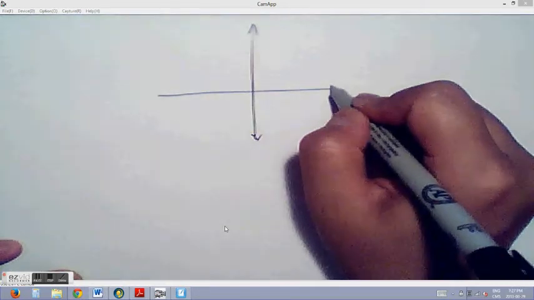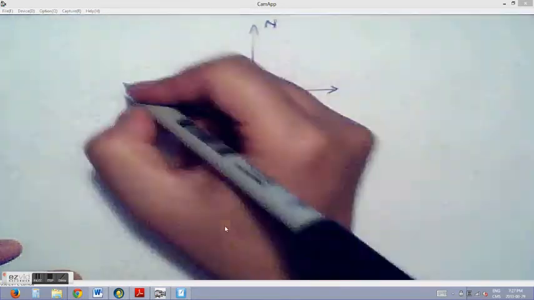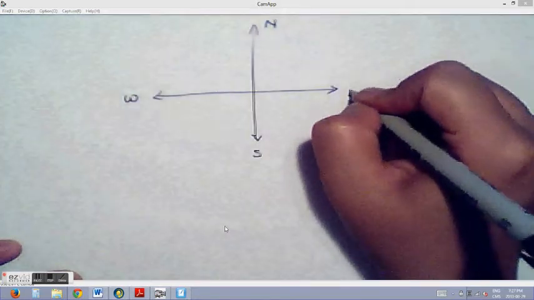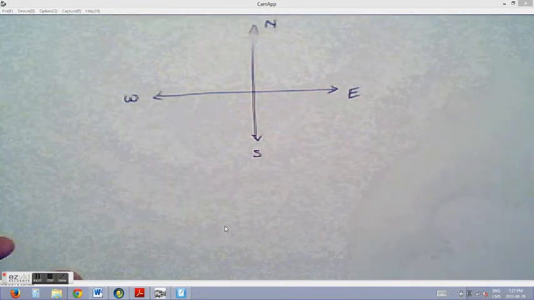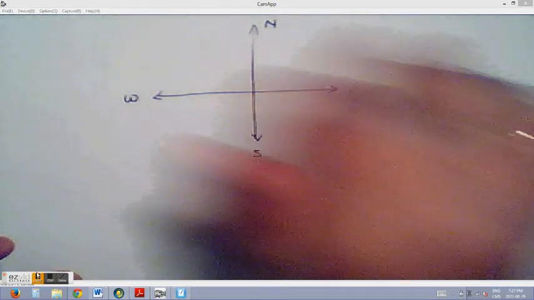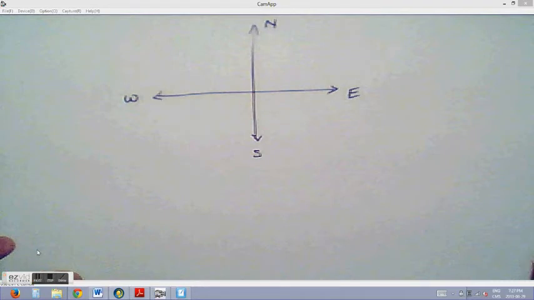Okay, so the first thing that we should do, of course, is draw a diagram. So I'm going to draw my compass bearing, okay? North, south, west, east. So our airplane is flying at an airspeed of 500 kilometers per hour at a heading of 040.